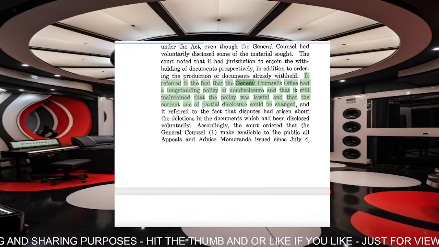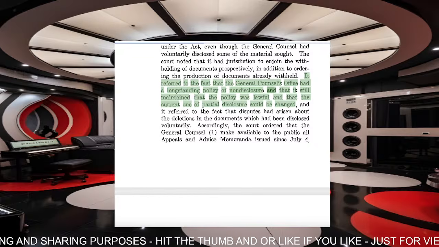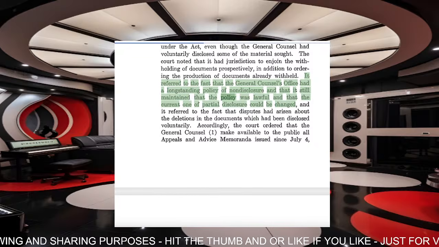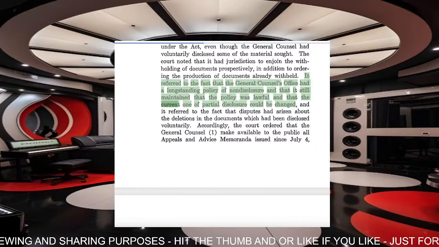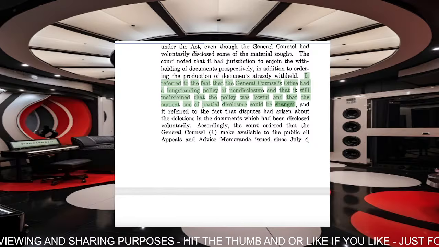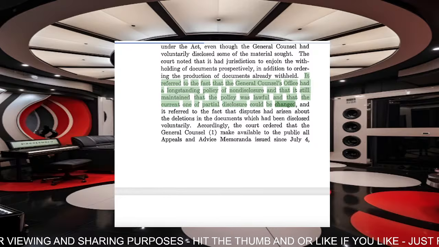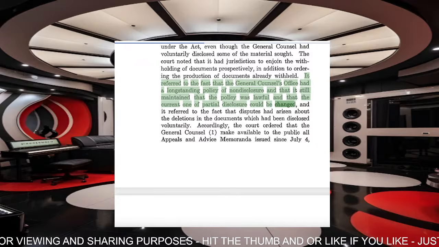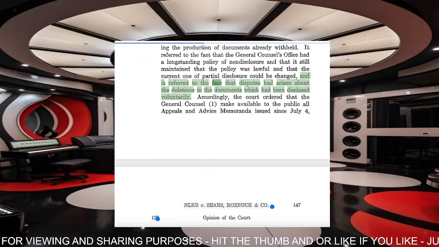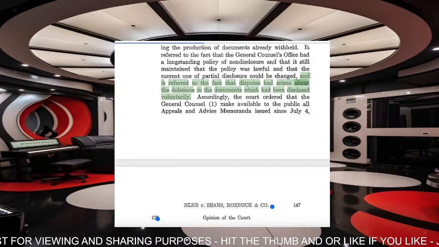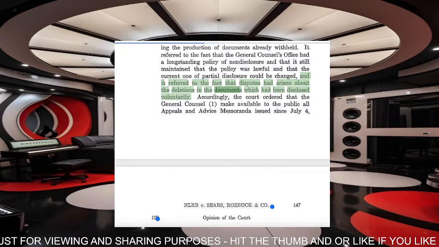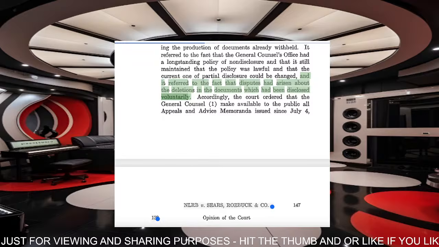It referred to the fact that the General Counsel's office had a long-standing policy of non-disclosure, and that it still maintained that the policy was lawful, and that the current one of partial disclosure could be changed. And it referred to the fact that disputes had arisen about the deletions in the documents which had been disclosed voluntarily.